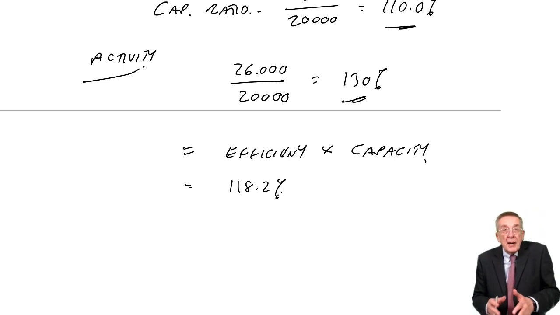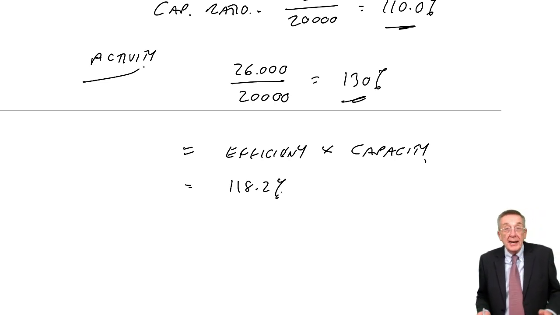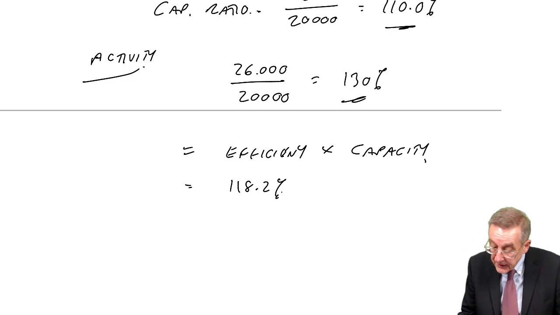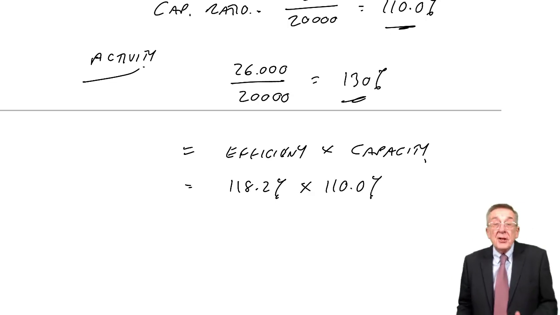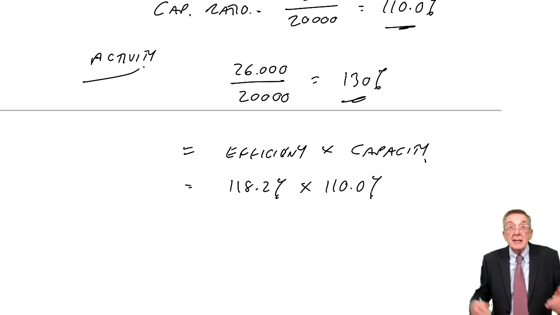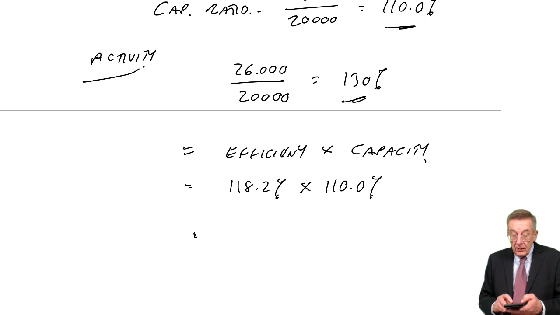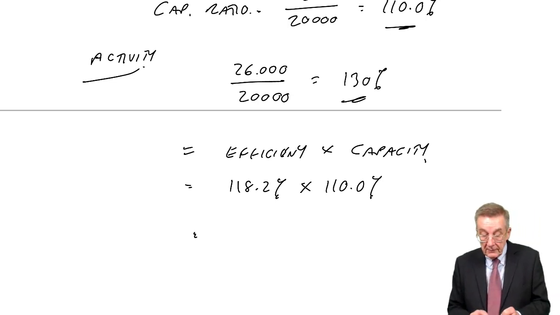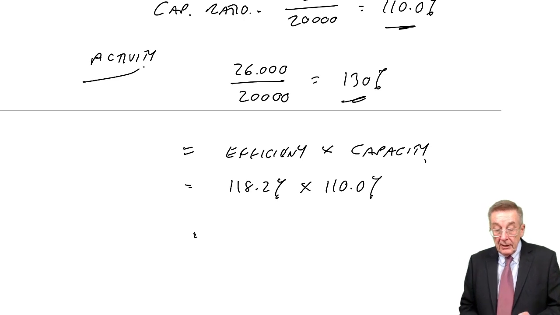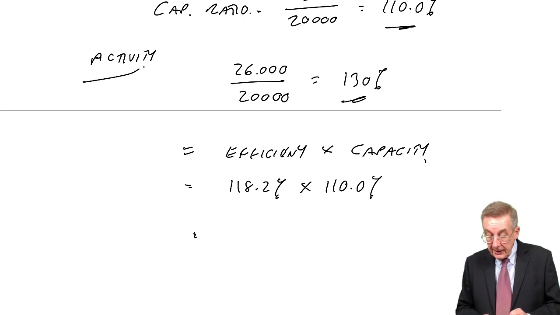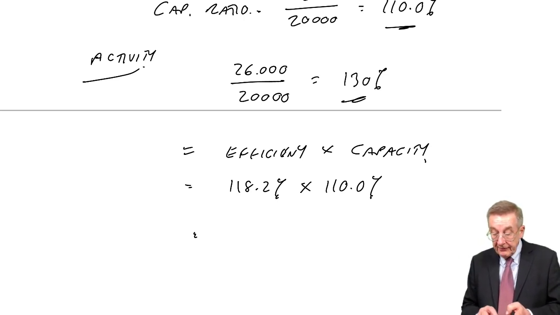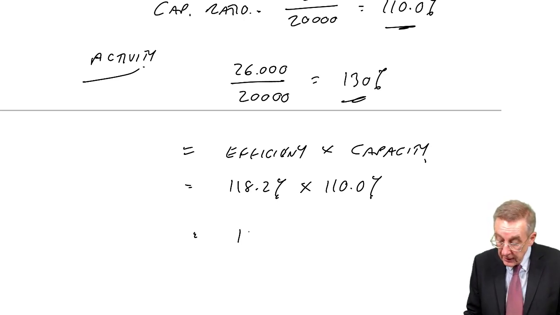So we were getting more hours of work from our workers anyway. The capacity ratio was 110%. So we had more labour than we expected. And in both ways, we can effectively produce more. And what does that come to? Something's gone wrong with my calculator on my fingers. It comes to 130%.